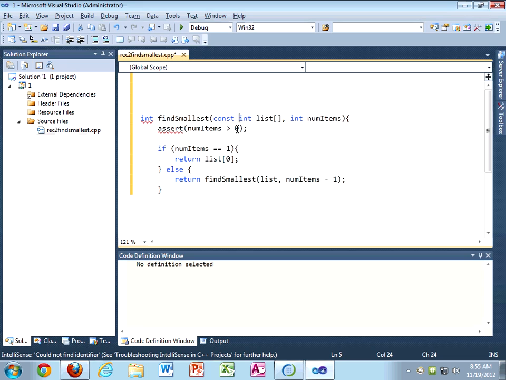Well, I think what you're describing is basically an iterative way of doing this, right? We could do it that way, but we're going to try to do it without actually going through the array, like with a for loop or something.